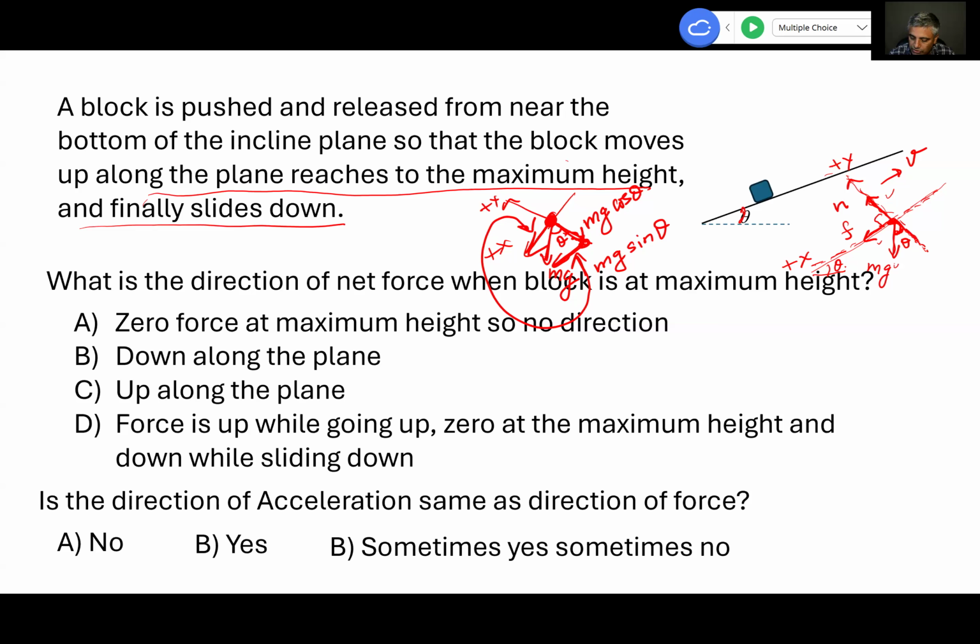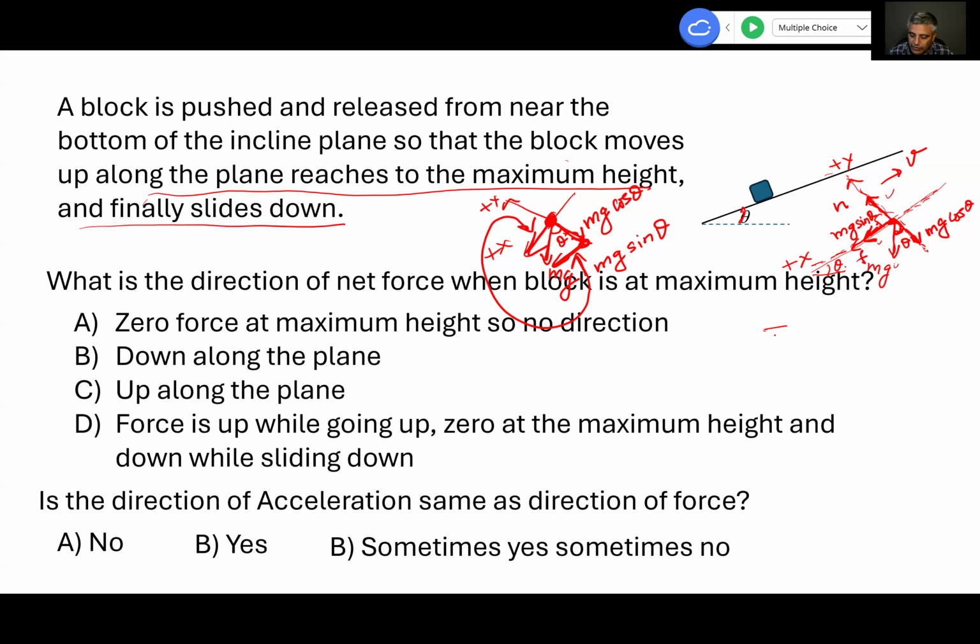If I were to draw that, it's going to be mg cosine theta here, and mg sine theta here. It looks like f and mg sine theta are going to overlap, so let me make room for mg sine theta here. And this is f. So that's how you make the free body diagram of an object on an inclined plane.